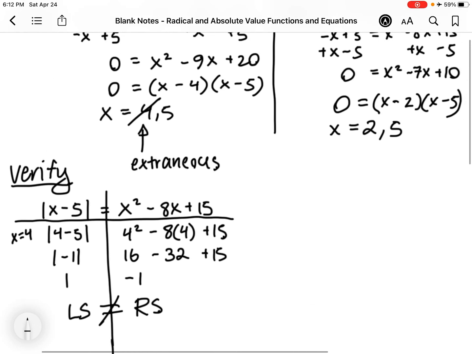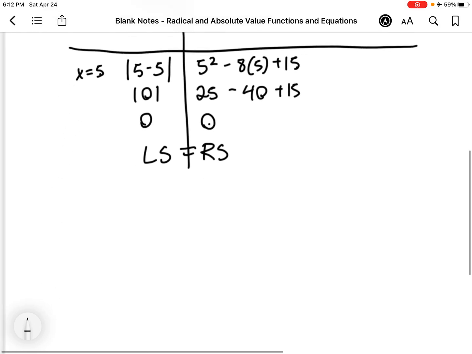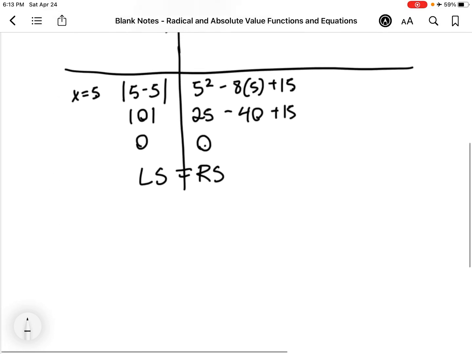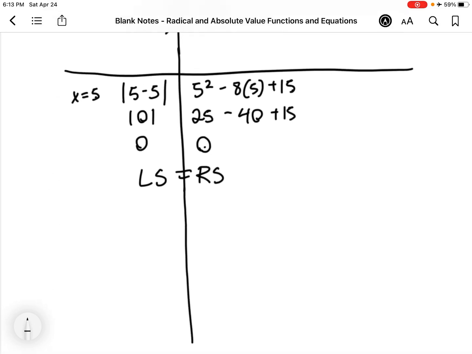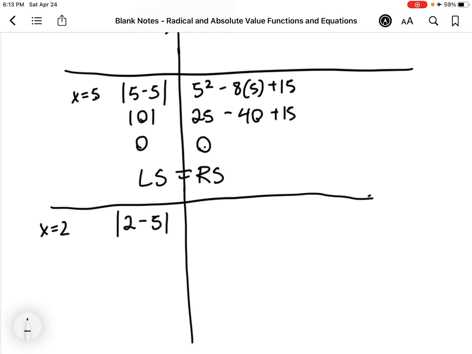And then the last one I have to check is 2. So I'll do that as well. And when I plug in a 2, on the left I have the absolute value of 2 minus 5. And on the right I have 2 squared minus 8 times 2 plus 15.